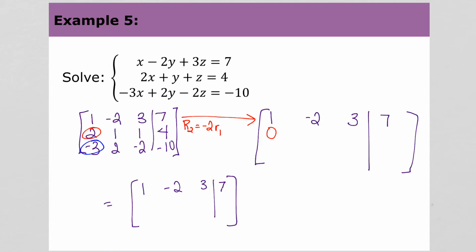We can do that because there's a 1 in the row 1 spot there. So we're going to multiply row 1 by -2 and add it to row 2. So I'm going to go ahead and just write this out for each spot.